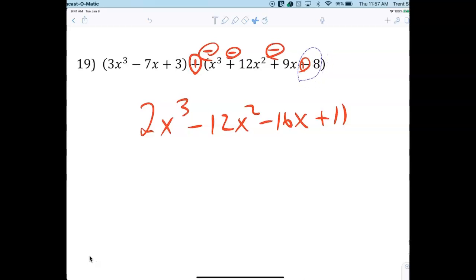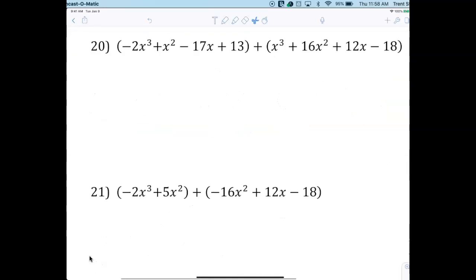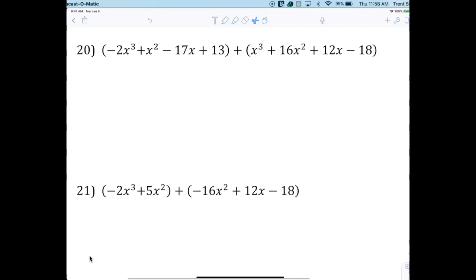All right. I like that. Bless you. Let's see. All right. Bo, let's hear it. Negative x cubed plus 17x squared minus 5x squared. Great job.